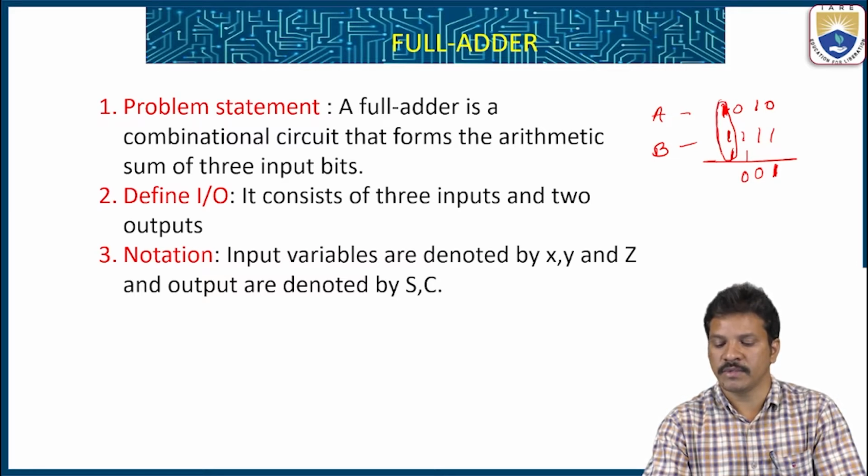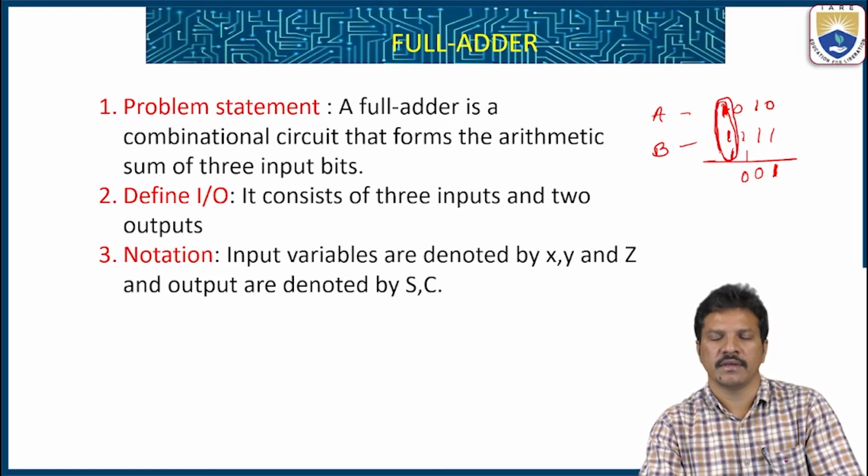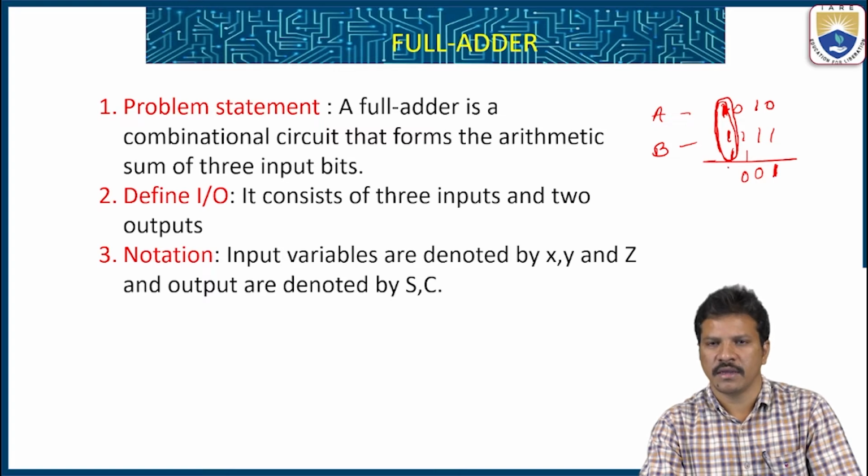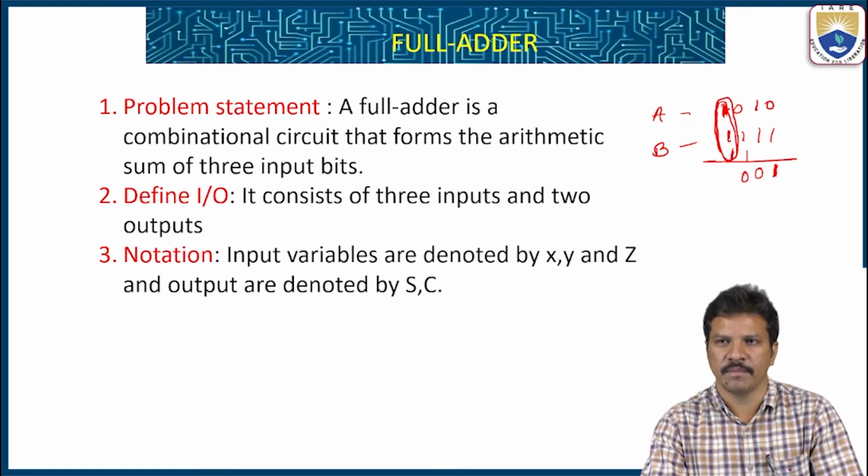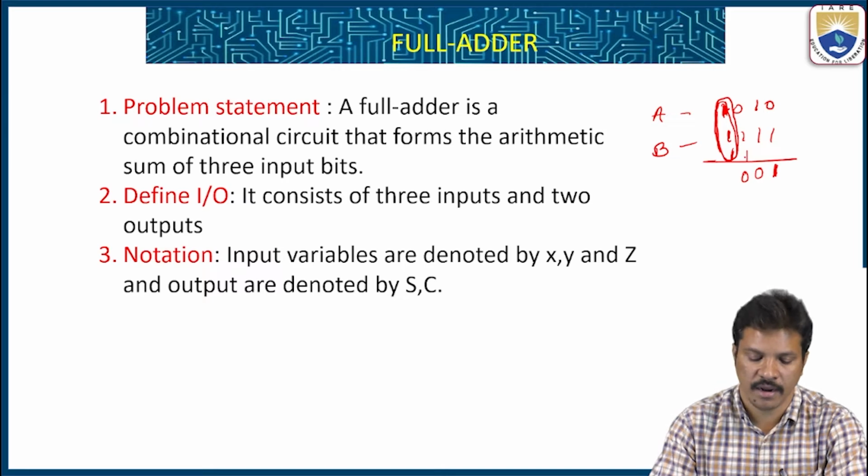So sometimes it is required to add 3 numbers, not only 2 numbers. In this case the half adder fails to add these 3 numbers, so we go with the full adder.